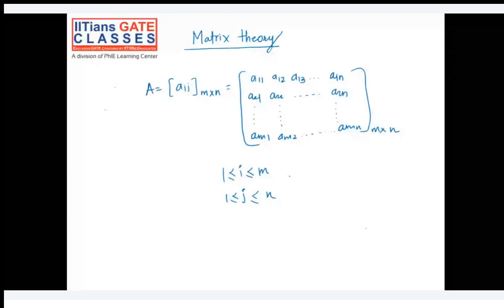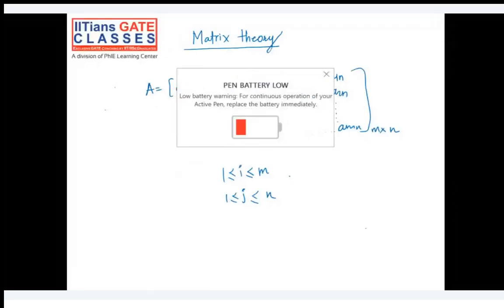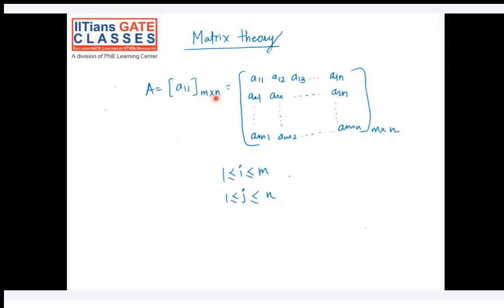Any matrix A, we can write in terms of Aij, m cross n. Here i represents the row number, and j represents the column number. m represents the number of rows, and n represents the number of columns.